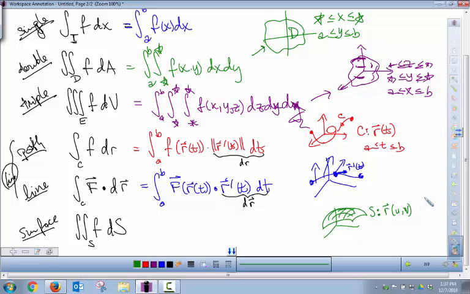So whether you call it u and v, or x and y, or y and z, or r and theta, or whatever it is you call it, those are going to be the parameters.